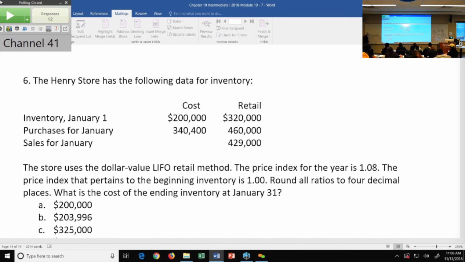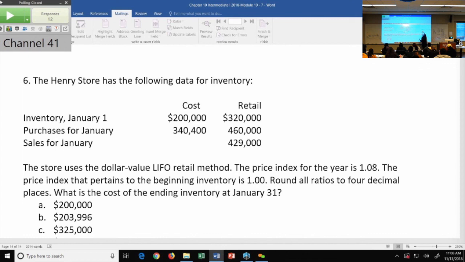All right, the first thing we have to do, we know the base layer is 460, that we know. What's the increment in this case? Well, to get the increment, you would have to take the beginning inventory and divide that by the index, get the 320 back.